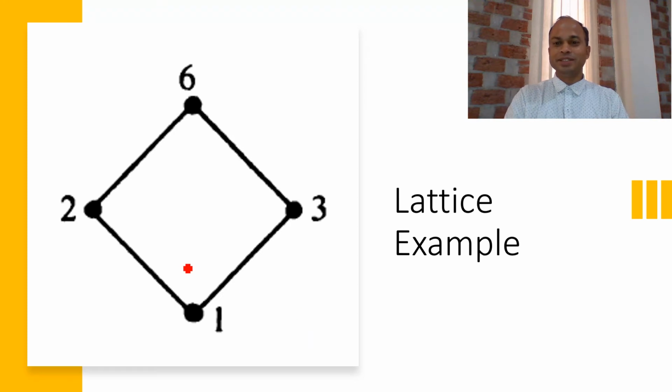For example, we are taking a very simple example to see whether this is a lattice or not. We have a very simple property: we have to find the least upper bound and greatest lower bound for every pair of elements. Say we are taking two elements, 1 and 2.